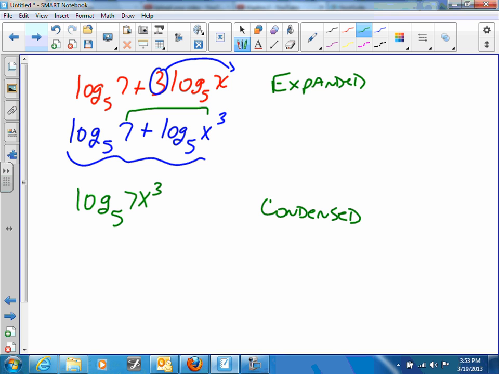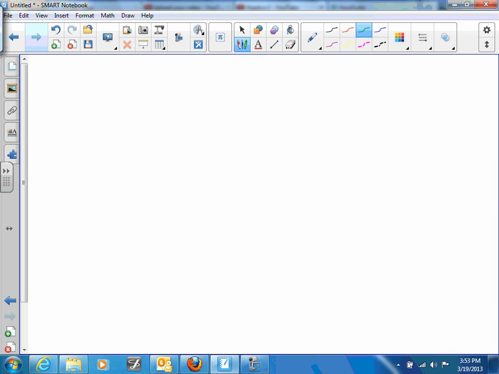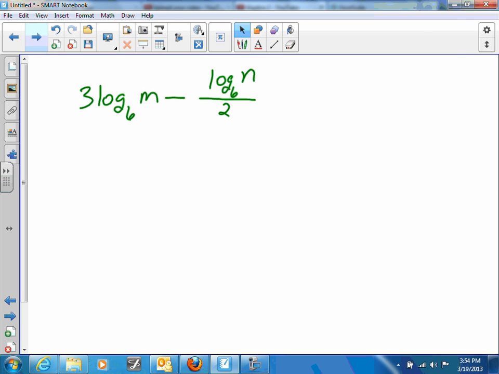Okay, let me give you one more problem. If I gave you 3 times log base 6 of m minus log base 6 of n over 2. Now this looks a little different, but you have to realize that this 3 goes right here.